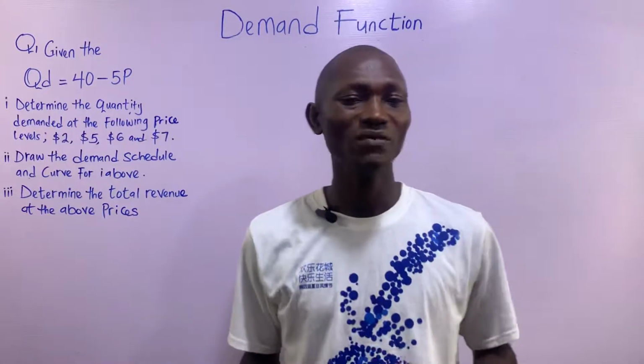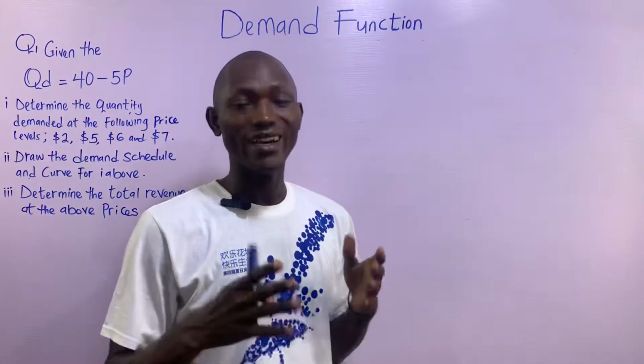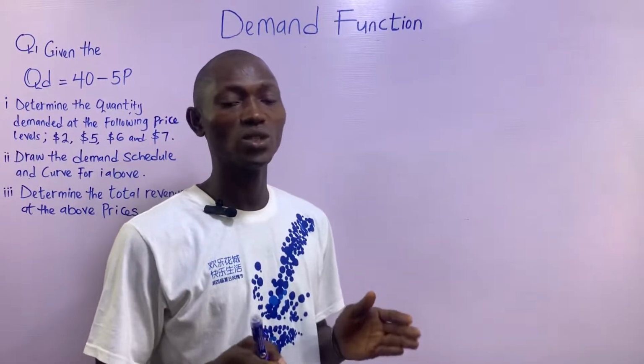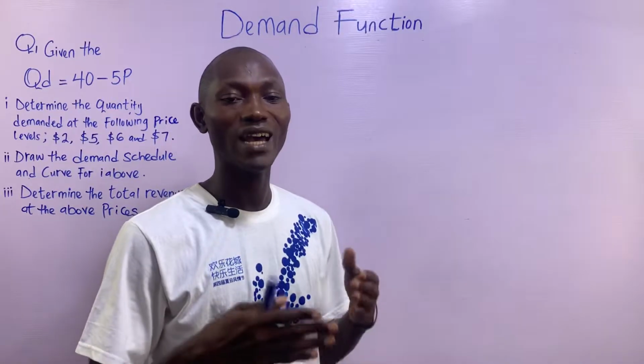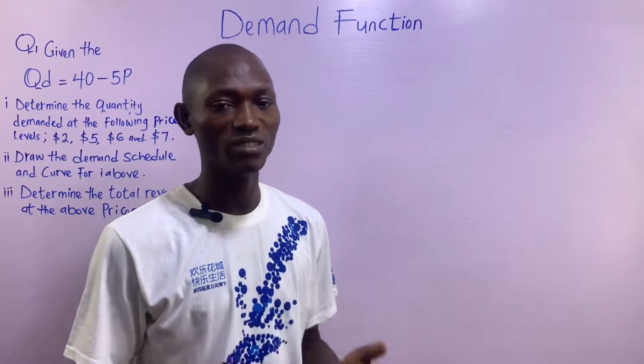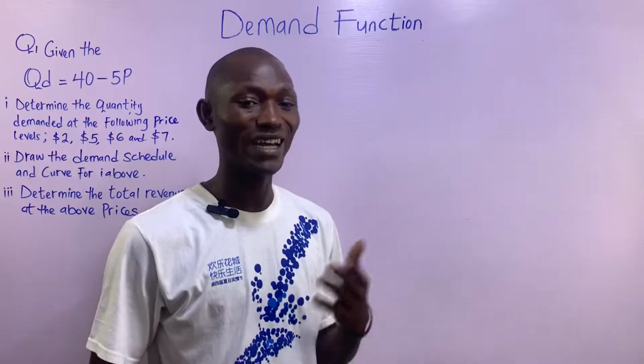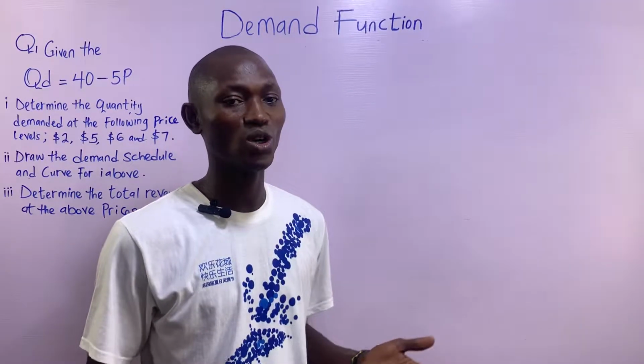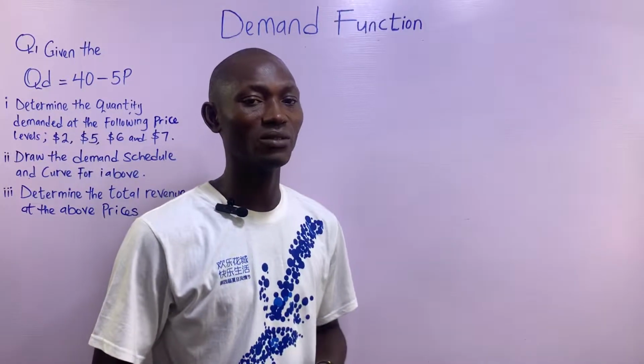Now, demand function establishes a relationship between quantity demanded and the determinants of demand. And determinants of demand, I did a video on that. They are also called factors that affect demand.